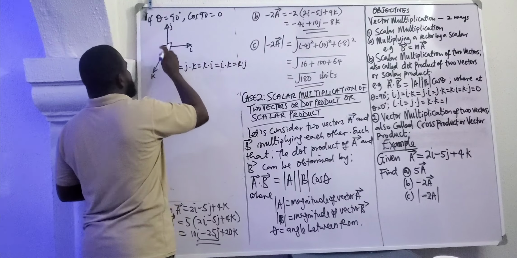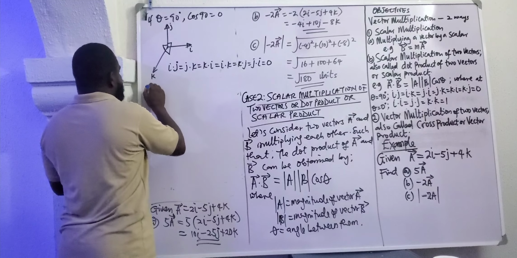Take note of that, because the unit directions here are perpendicular to each other, meaning the angle is 90 degrees, and the dot product of I dot J will give you 0 that way.